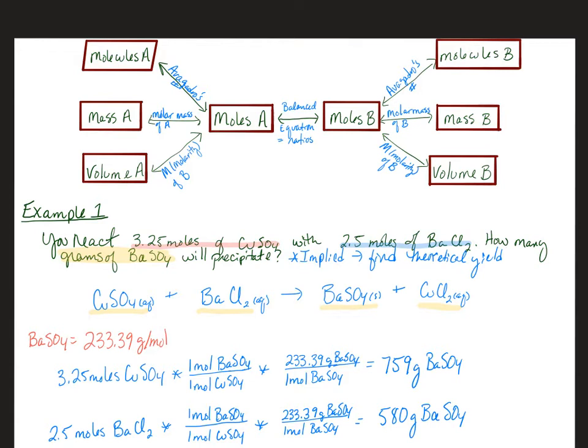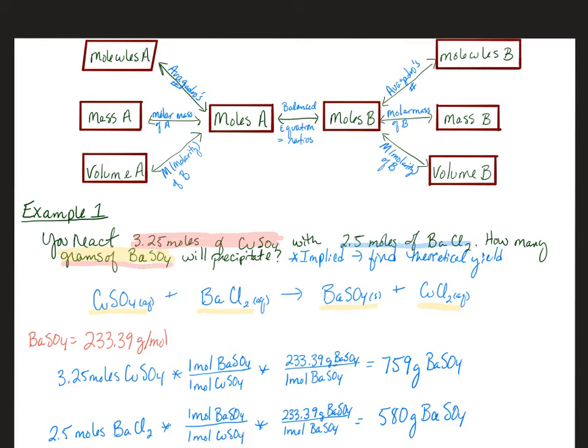Okay, so we need to figure out how to get 3.25 moles of CuSO4 and compare that to the thing that they want at the end, which is grams of BaSO4.